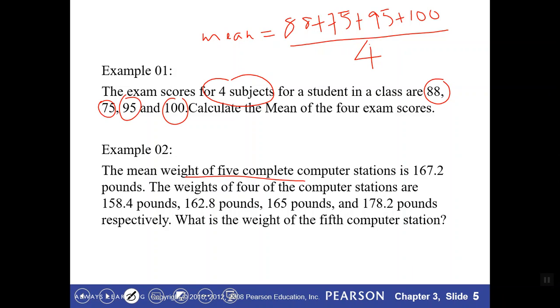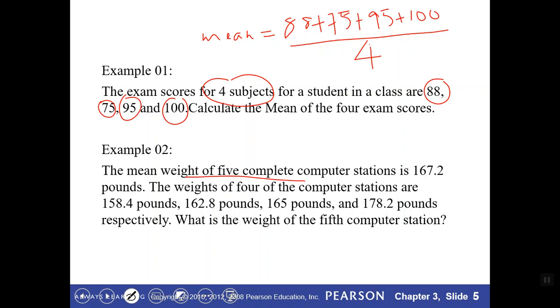Then what is the weight of the 5th computer station? Here you have to use the same equation which I used earlier. Mean equals the sum of instances divided by the total number of instances.